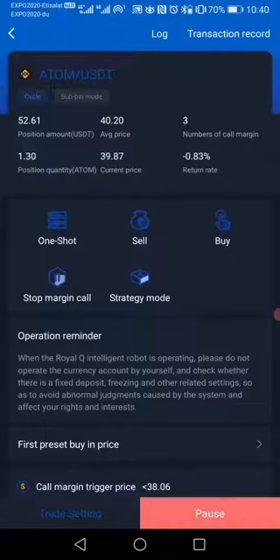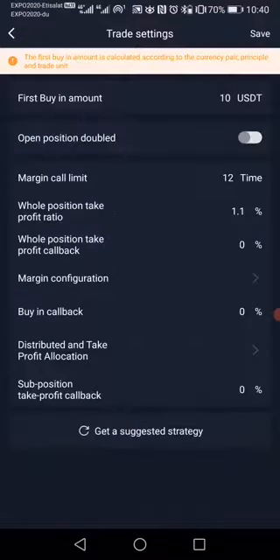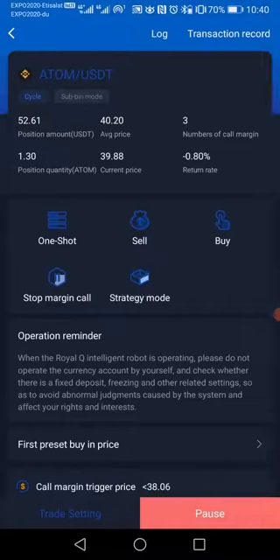The fourth one. But while it is doing this buying, if the price increases at a speed that is more than the average price, and it attains my whole position take profit ratio of 1.1, what it means is that if the price gets to this 40.2 and increases by 1.1%, sell the entire position.